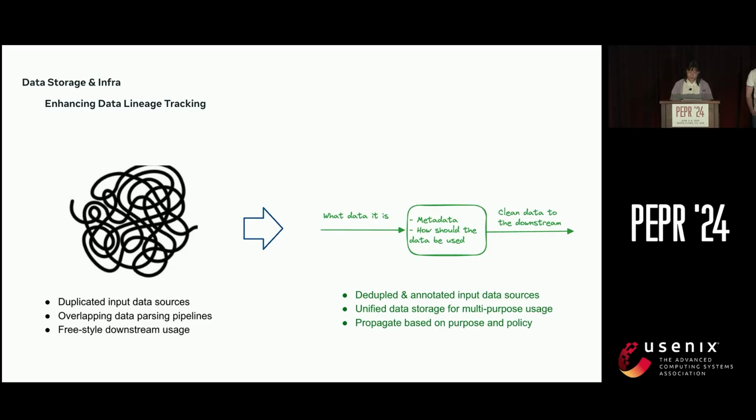First, the focus area of this design is the user interaction data that we do not want to propagate into the ads delivery stack and get into the ads data storage. The traditional system has the following insufficiencies, such as duplicate input data sources, overlapping data parsing pipelines, and free-form data usage.